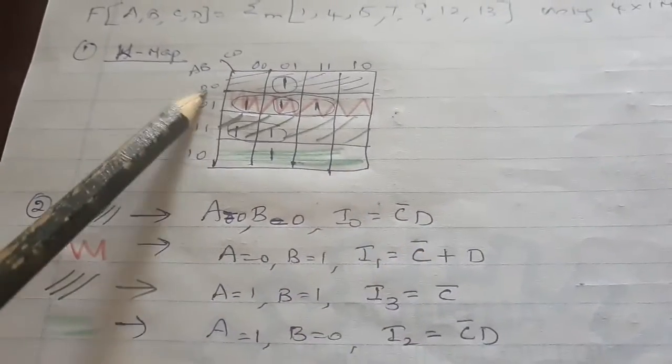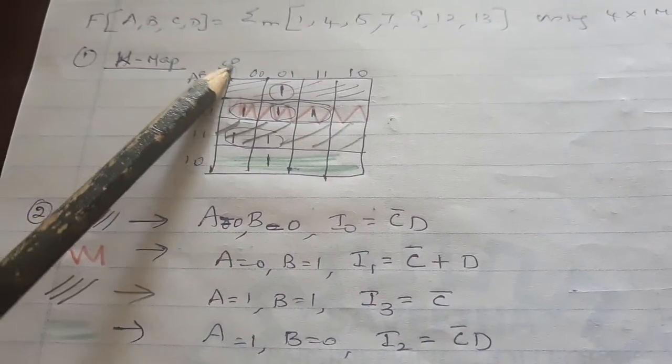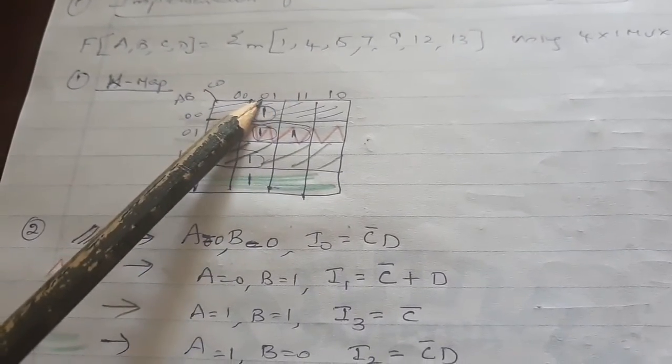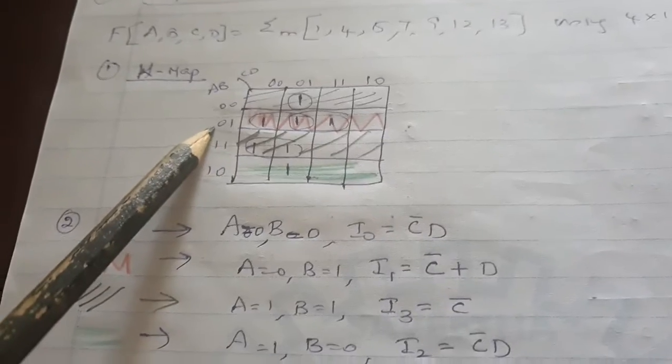So the conditions are, if it is 0, 0, what is the answer? 1. Only one data is available. Therefore, the answer is C bar D. If you come over here, two ones are being combined together. Therefore, for I1, the answer is C bar plus D. Okay, if you come for this, 1, 1 is combined.